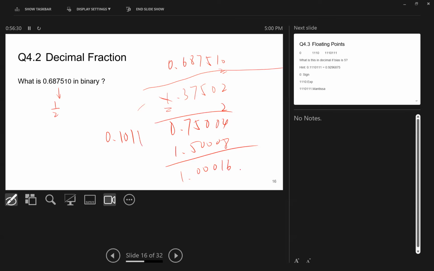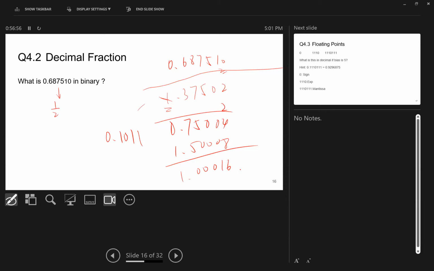So since the fraction part is still not zero, we have to do multiplications until the fraction part is zero, then we finish the transformation. But actually, we can never get the fraction result as zero here.